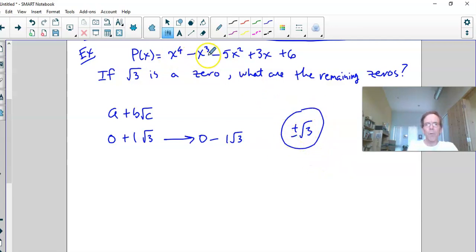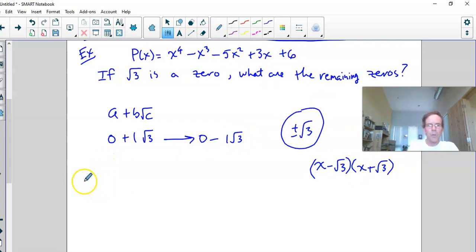Now, we want to break down this polynomial into its factors. And we now know, since the zeros are square root of 3 and minus square root of 3, that two of the factors would be x minus square root of 3 and x plus square root of 3. We'd like to divide these into this polynomial to find out what the remaining factors are.